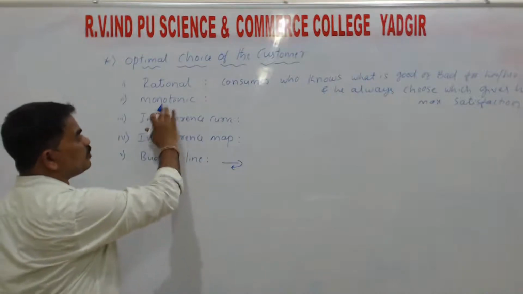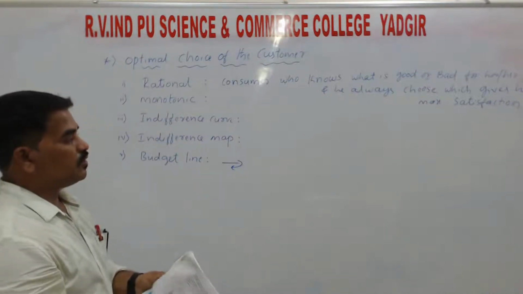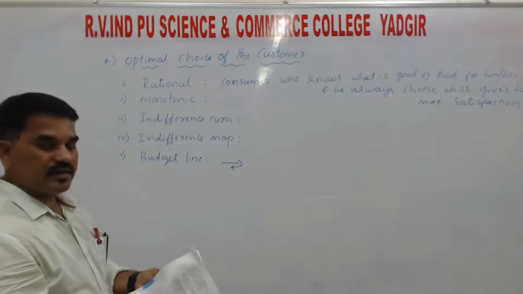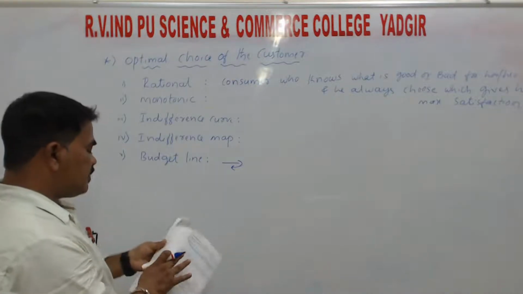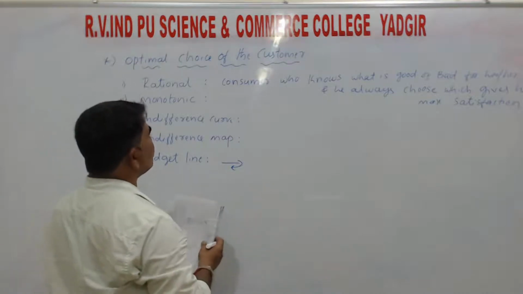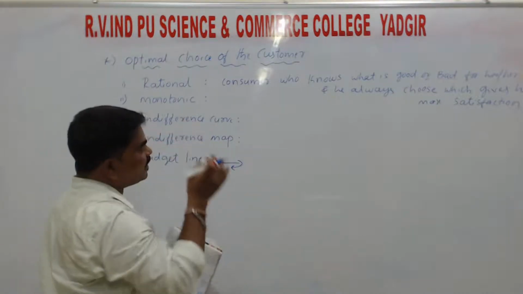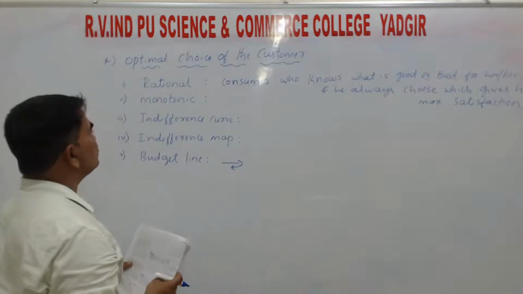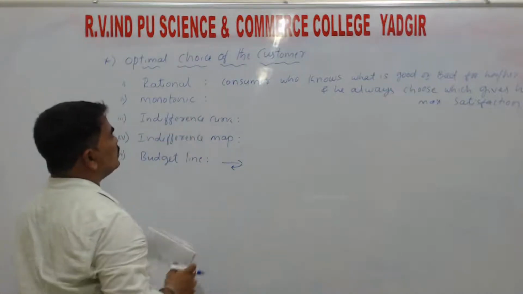Then, what do you mean by monotonic preferences? As we know, when we offer two bundles, if one of the quantities in a bundle is greater than the quantity in the other bundle, then the consumer will prefer the first bundle. That nature we call monotonic nature.